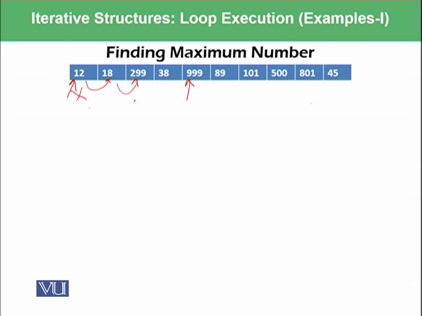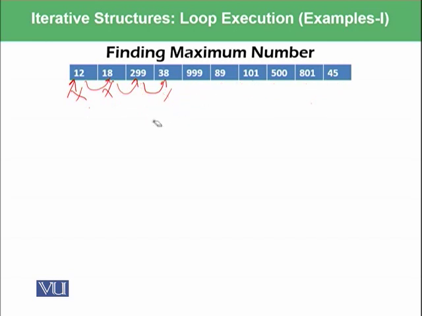Then it compared 18 with 299 and left 18, and then it compared 38 and left 38, and then it compared 299 with 999, and then 999 remained in your mind. And when 999 was compared with all the other values until the end of the list, we found that 999 is the maximum number. So this was the procedure your mind worked through.